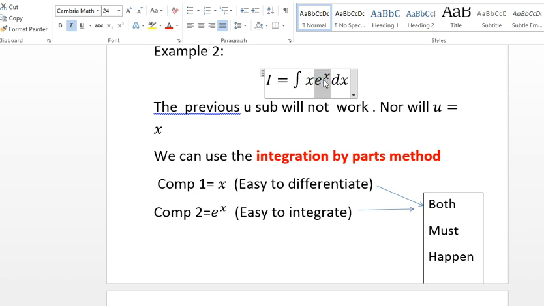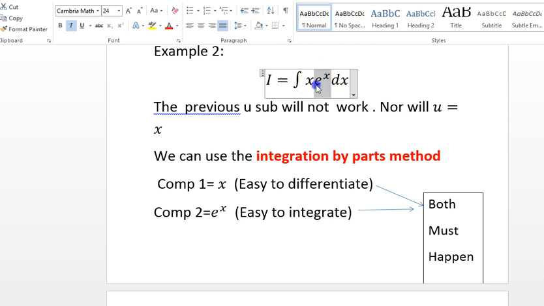So both must happen. Just because comp 1 is easy to differentiate, we should not select that as comp 1. We should also at the same time check comp 2 and see whether that is easy to integrate.